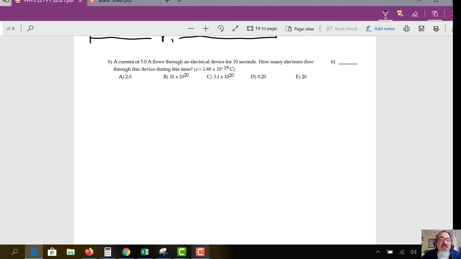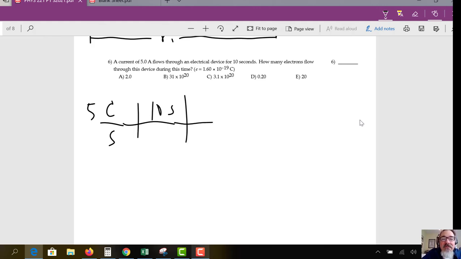So let's see, number 6, this is from the current chapter, no pun intended. We've got 5 amps flowing for 10 seconds. How many electrons? Okay, so don't forget what an amp is. It's a coulomb per second. So you've got 5 coulombs every second. Now I've got 10 seconds. That'll tell me how many coulombs I have.